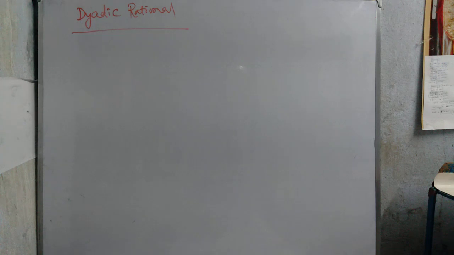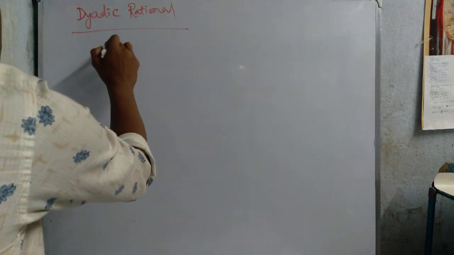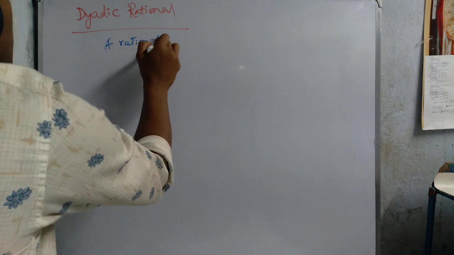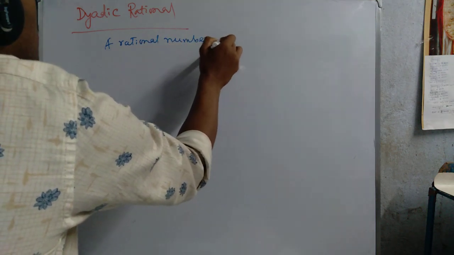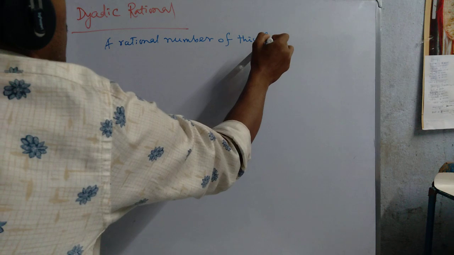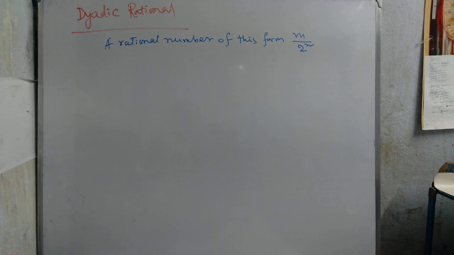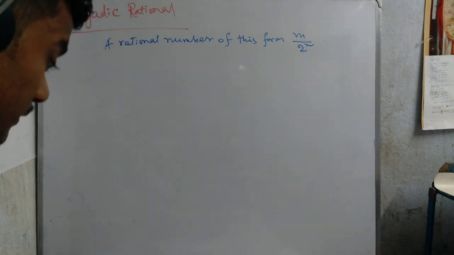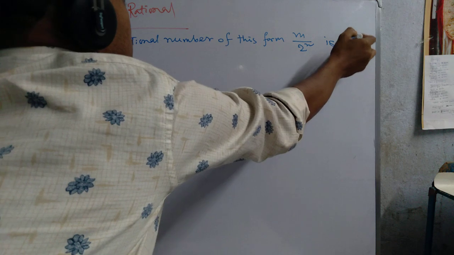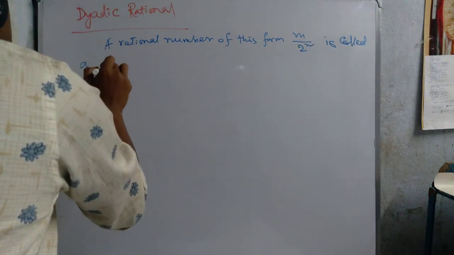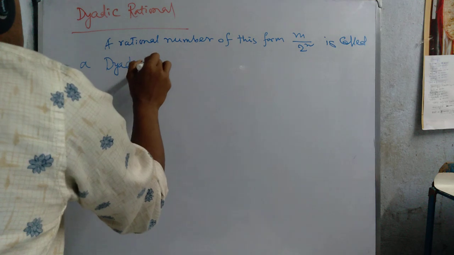A dyadic rational is a rational number of the form m by 2 to the power n, m by 2 to the power n, called a dyadic rational.